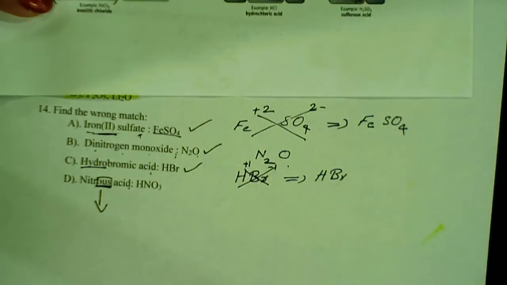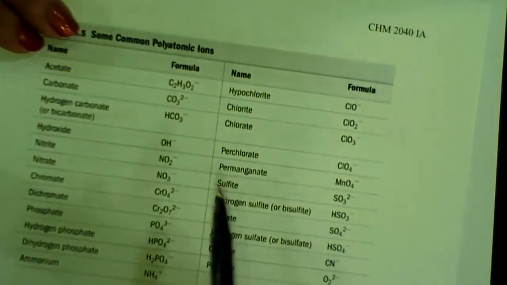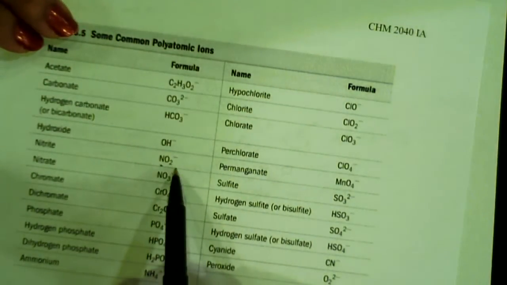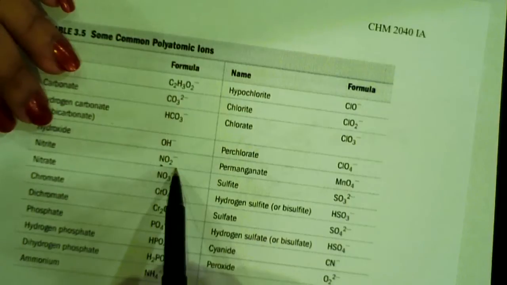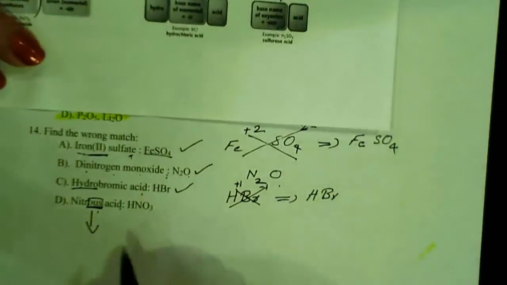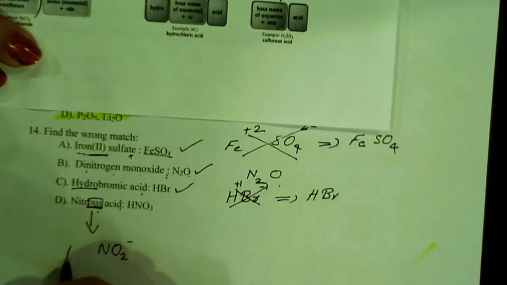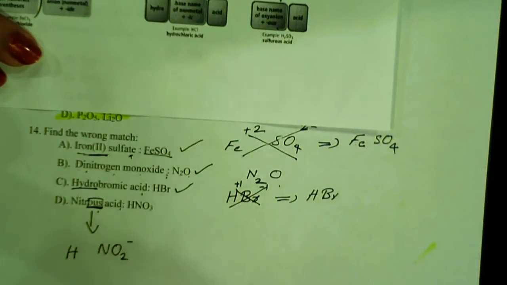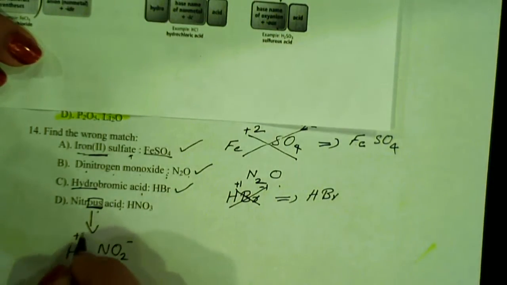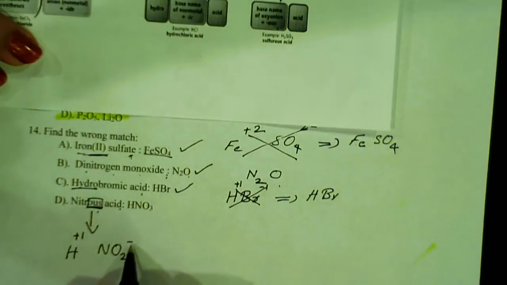So in this option we have nitrous acid. Since it starts with the polyatomic ion, you can conclude that there will be a polyatomic ion, but nitrous, so the OUS is going to be for the polyatomic ion ending with ITE.